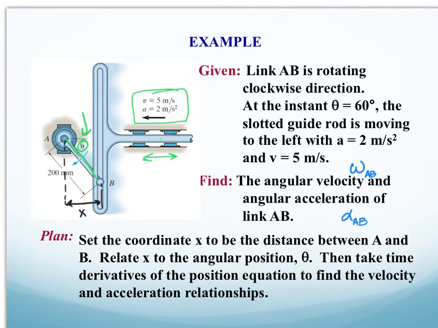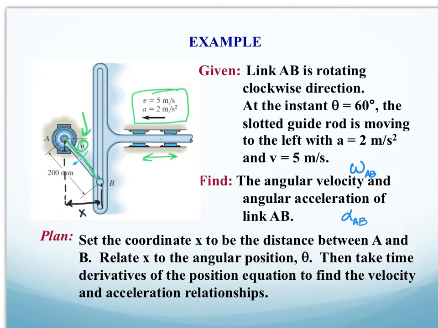That's the procedure we just saw in the previous slide. So we designate this length x, write it in terms of theta, then take the time derivatives to figure out how velocity and omega and acceleration and alpha are related to each other.